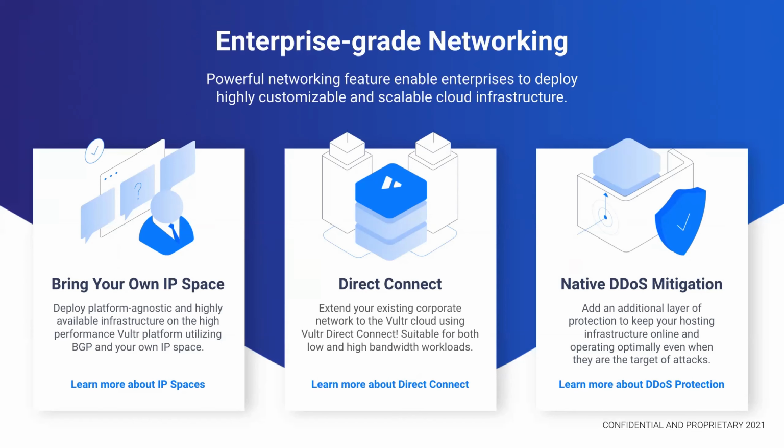Something cool that we've seen a lot of customers do is use the second product, which is our direct connect product. And you can connect to us with physical cross connect or through a virtual circuit via packet fabric, Megaport, something like that.